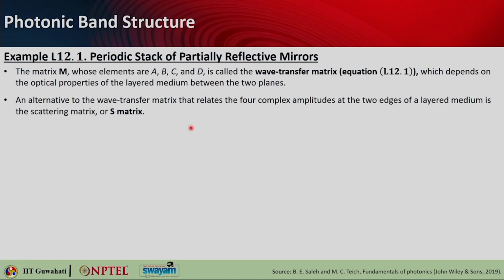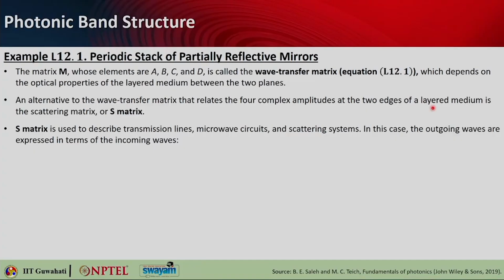We have already seen that you can obtain those elements from Fresnel reflection coefficients. An alternative to the wave transfer matrix that relates the 4 complex amplitudes at the two edges of a layered medium is the scattering matrix, the S matrix. S matrices are more popularly used in describing transmission lines, microwave circuits and scattering systems.